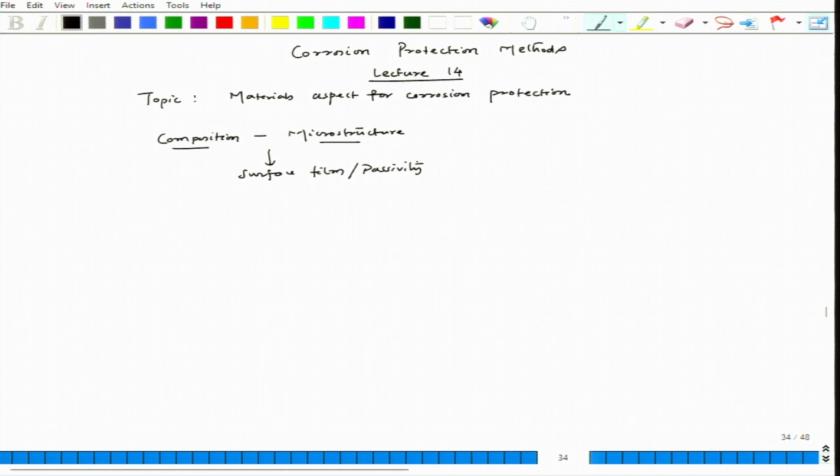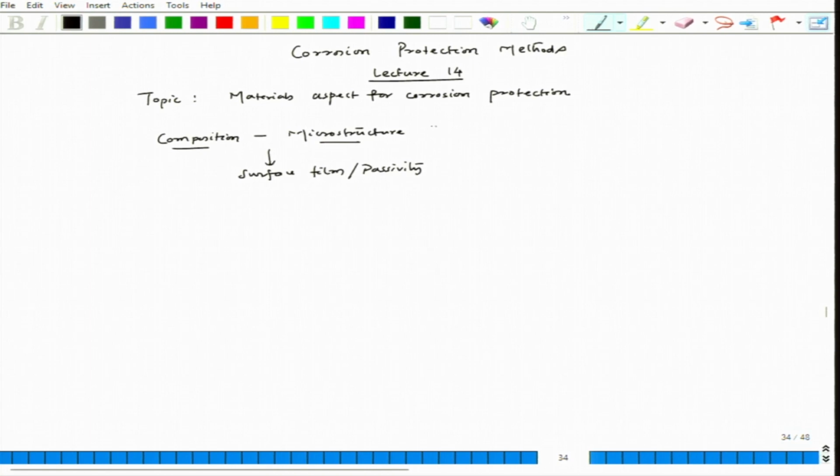Okay. So, if we consider this part only, then we can cite one example of how this passive film character is changed because of the change in alloying elements in a 304 stainless steel. Okay. So, here we are not talking about the microstructure part.